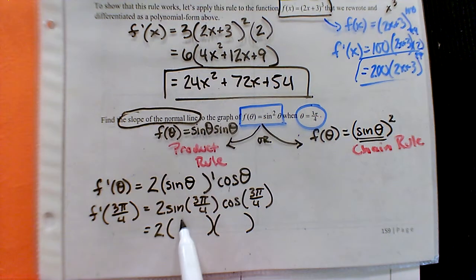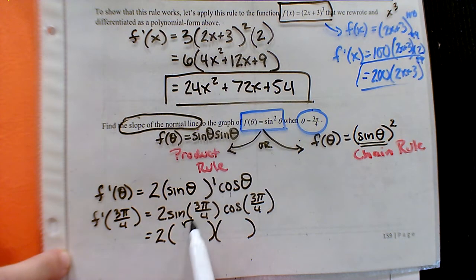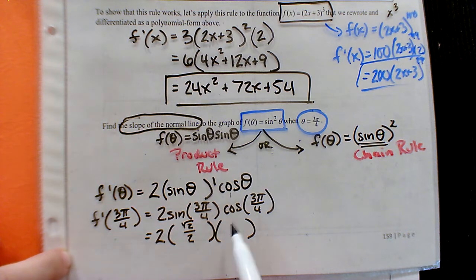Let's see, is the sine value square root of 2 over 2? Is that right? And then the cosine value is the same but negative because we're in the second quadrant. Is that right?